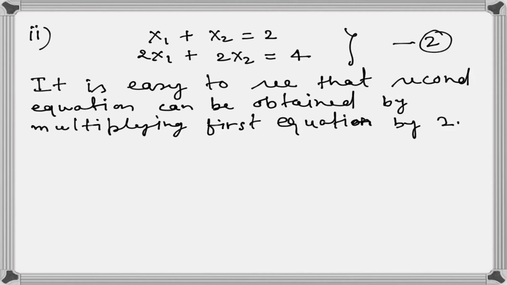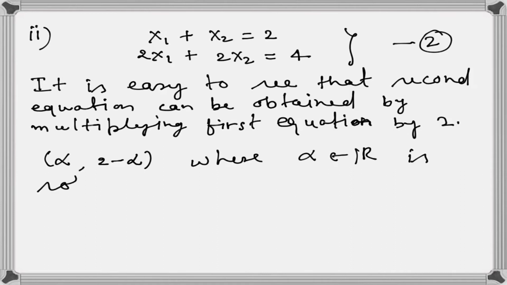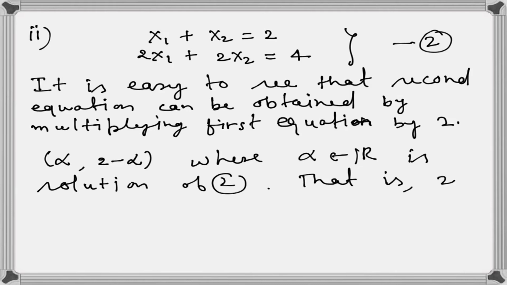So in this system, any (alpha, 2 minus alpha), where alpha is a real number, is a solution of (2). That is, (2) has infinitely many solutions.